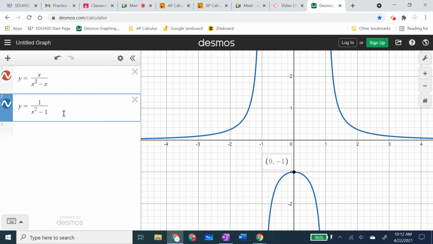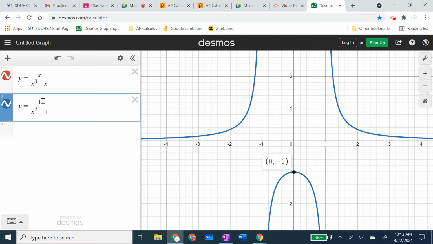Now, looking at this second one, the blue graph, do you see what makes the denominator 0? Positive 1 and negative 1, right? Those are vertical asymptotes of this graph. And actually, after I simplified, do you see that the denominator is now an even degree polynomial? Isn't that interesting?